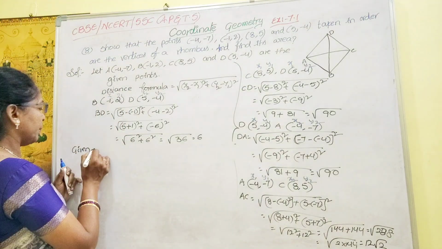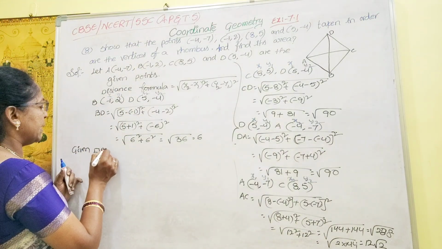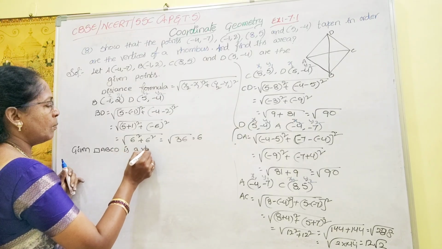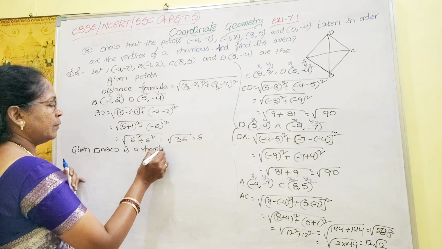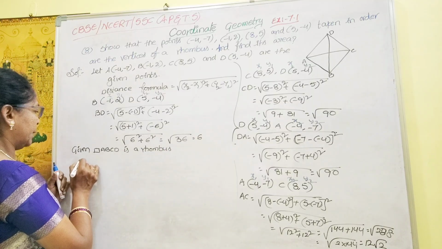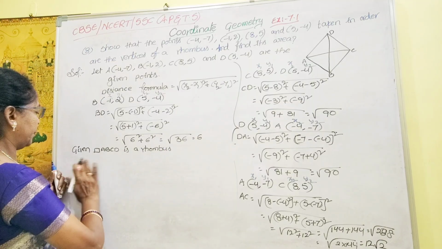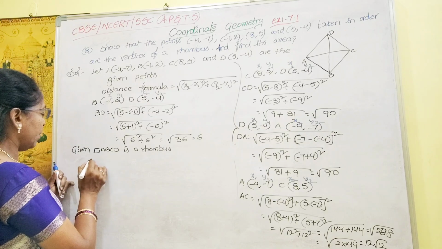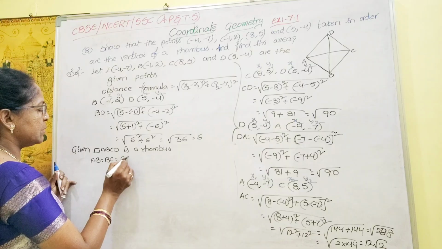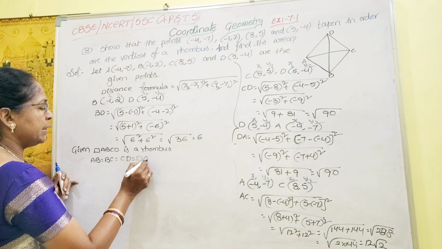So the given quadrilateral ABCD is a rhombus, because AB equals BC equals CD equals DA.